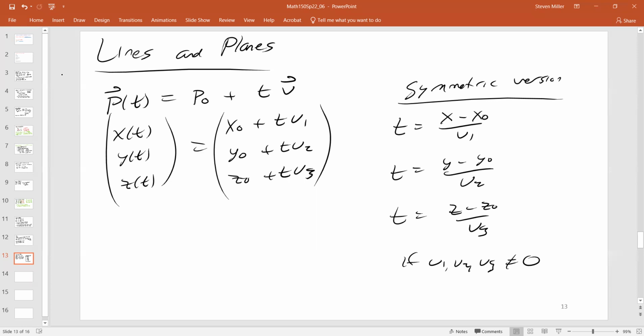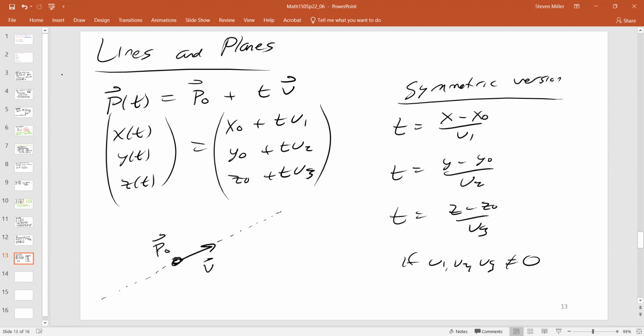Now, if you think about what's going on, how many dimensions is a line? A line is one dimension. Once I give you a point and I give you a direction, then the line is completely specified, and I just have to tell you how long do I flow? How many copies of that vector v do I take?